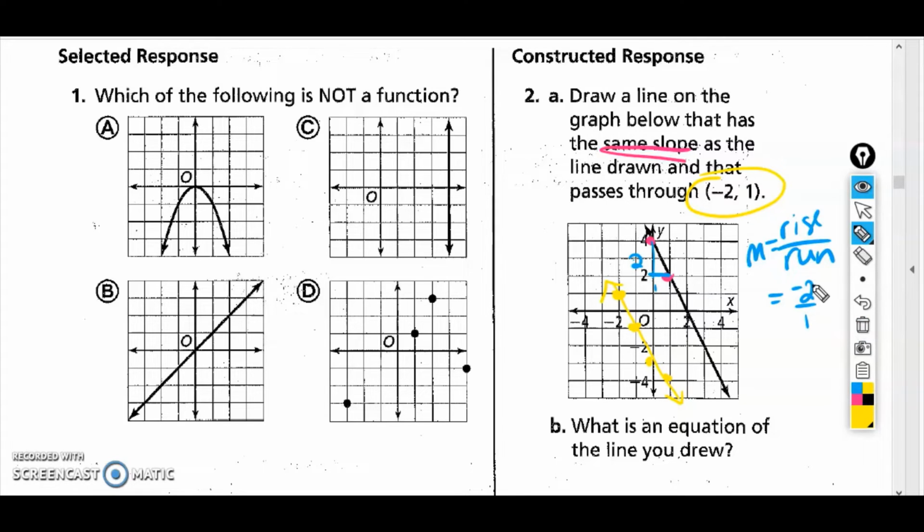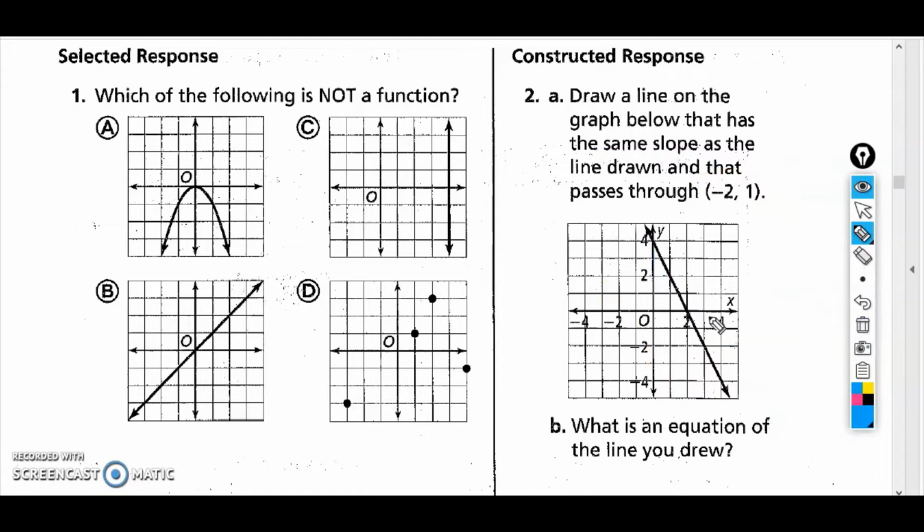Well, I know that the slope is the same as this one, so m is going to be negative 2, and then my y-intercept is right here. So the b of this one is negative 3. Looking at y equals mx plus b, y equals negative 2, or negative 2 over 1, x, and then my y-intercept is negative 3.